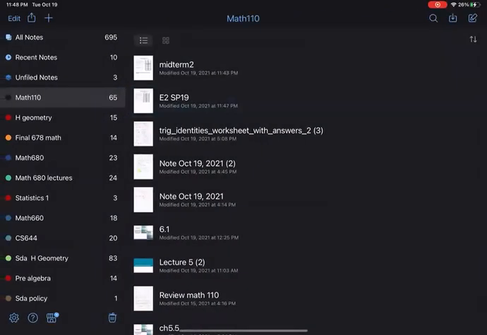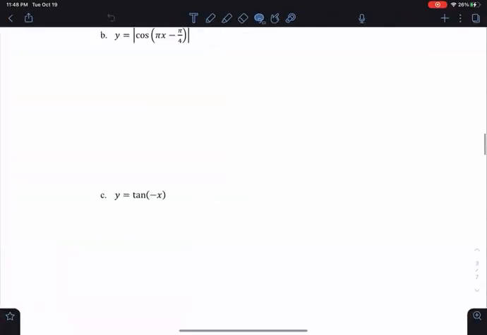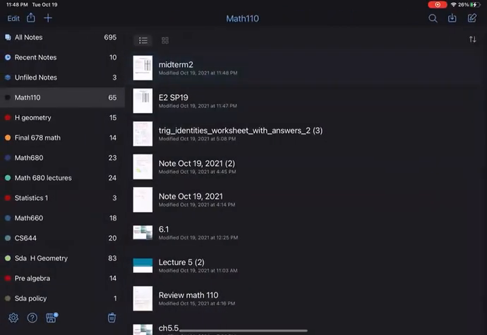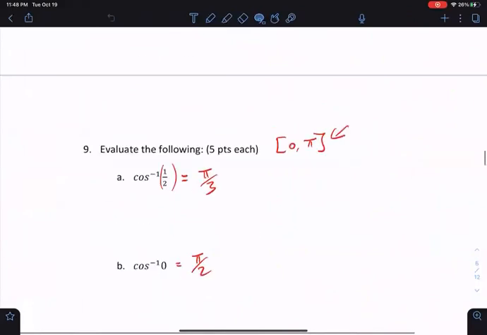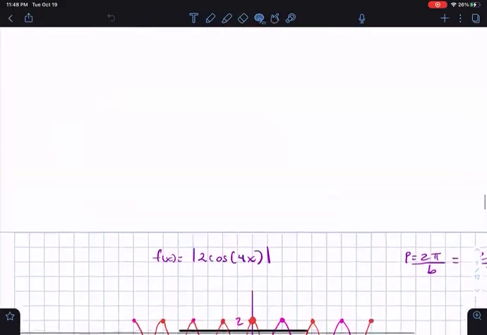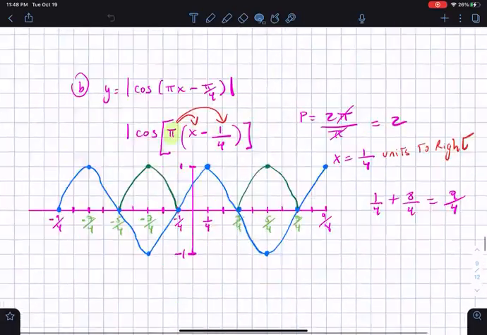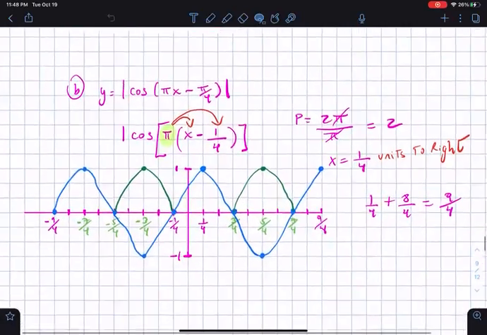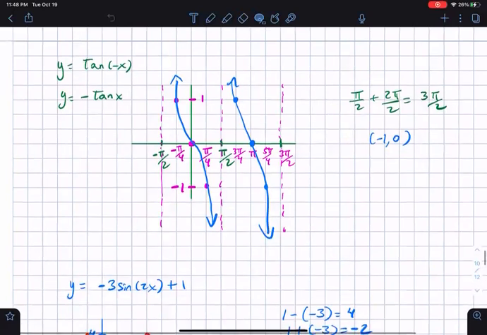Okay, let's see. I think I remember what it is. Just in case it's negative tangent. So I think I did that already somewhere. Yeah, here. I did it already.